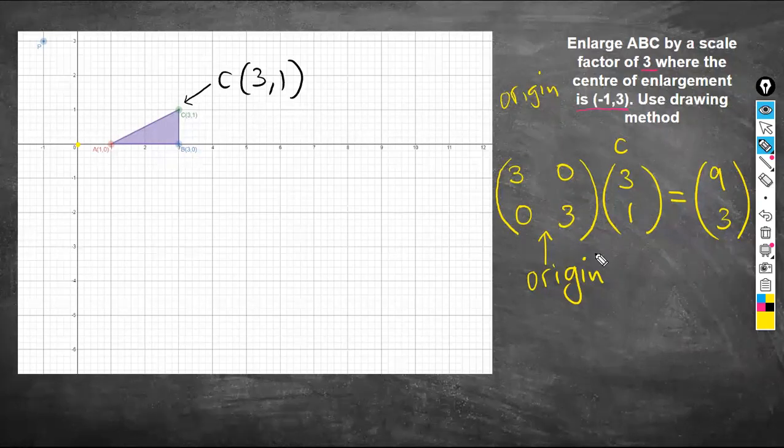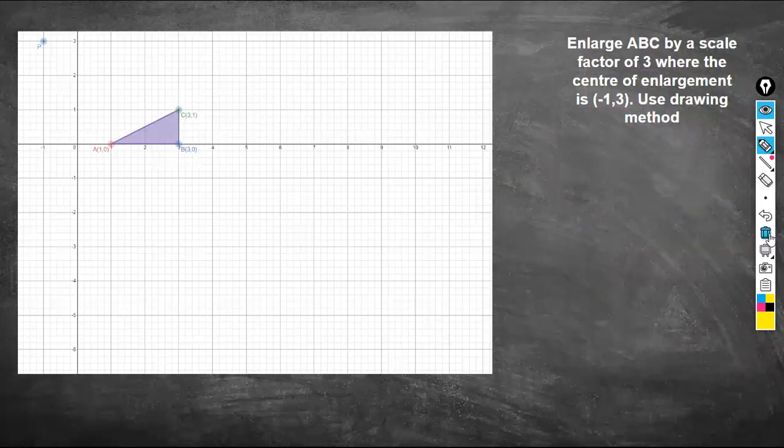So we cannot use that matrix. So what's the only way to get out of this question? If we cannot use the matrix, which method are we forced to use now? The drawing method. I'm glad you all saw this, right? So it is the drawing method, okay?